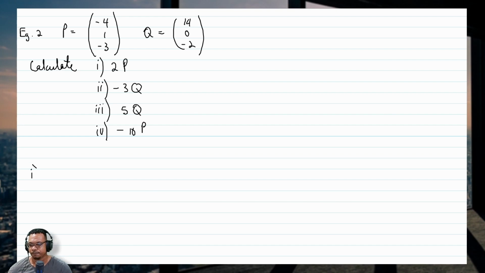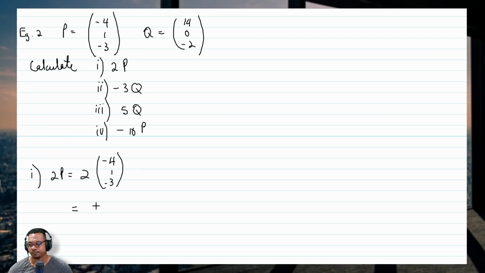So part 1, we have 2 times P, so that's equal to 2 in brackets, and P like that. That just means we are multiplying this 2 by this negative 4, the 2 by the 1, and 2 by the negative 3. Because I'm teaching, I'm going to do it kind of a long way, but you just have to multiply and put the answers.